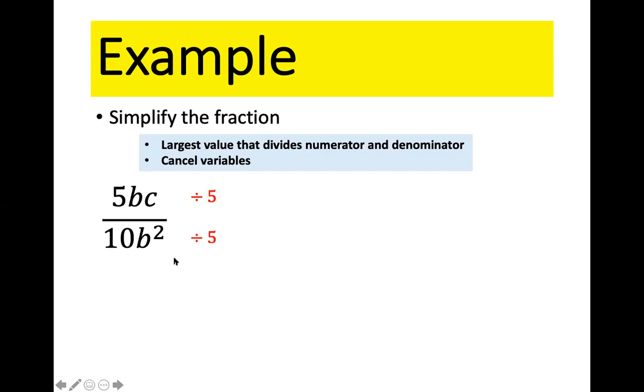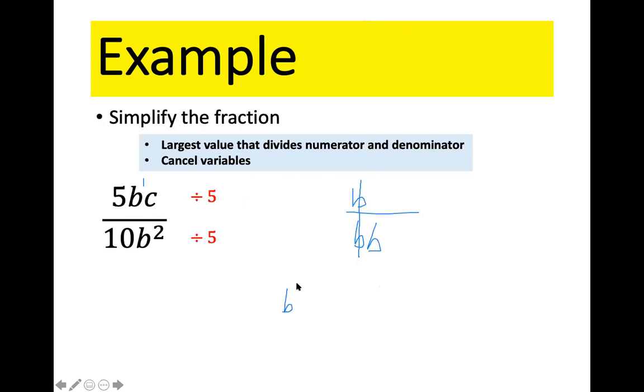Now to handle the variables, there's a couple ways of thinking about it. I always think of it in terms of canceling. In other words, it looks like we have 1b on the top. B squared in expanded form is b times b. And so I think of this as canceling. There is the other method, that you could use the exponent rule. And the exponent rule says that when you're dividing, you subtract the exponents.